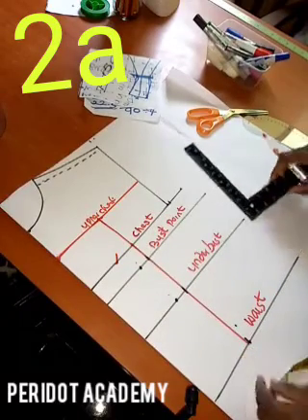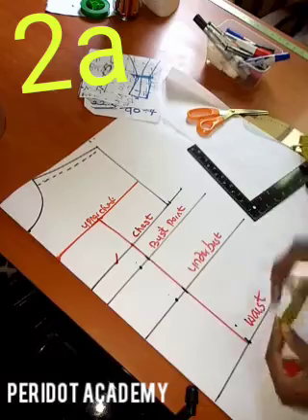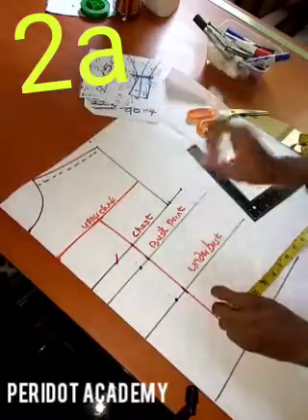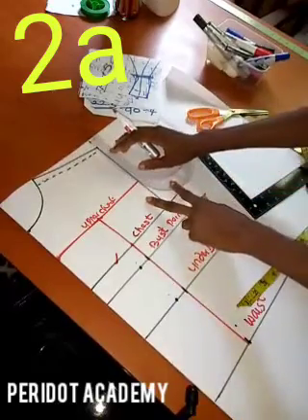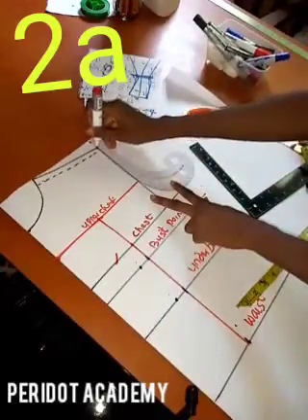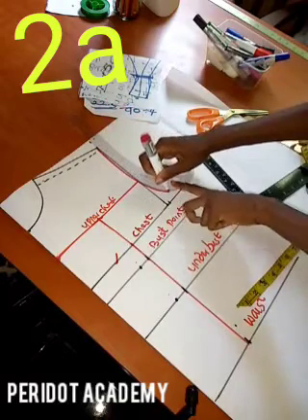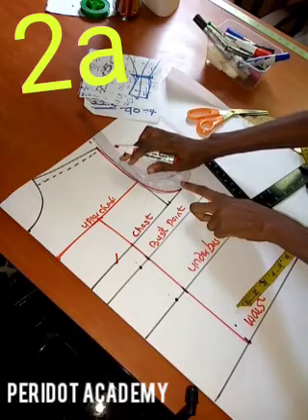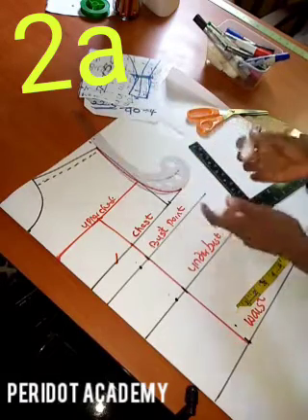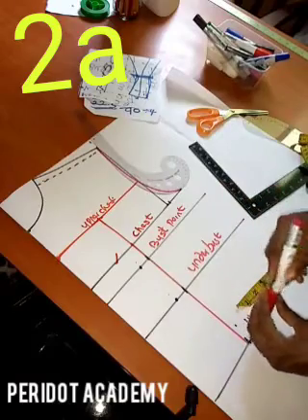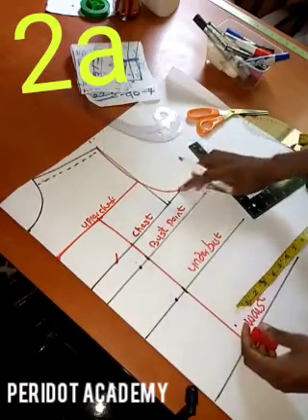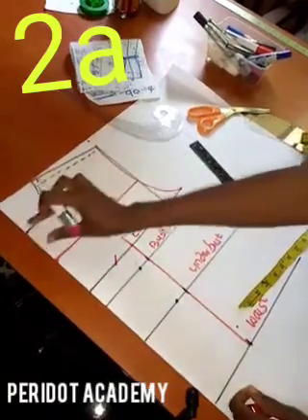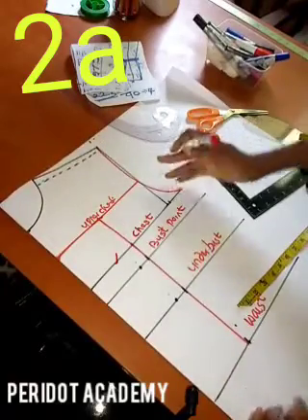Now the next thing is to draw the normal armhole by connecting this together. So I've drawn the armhole like this. If I'm making an off shoulder, I can just cut this off and use this as my off shoulder base.